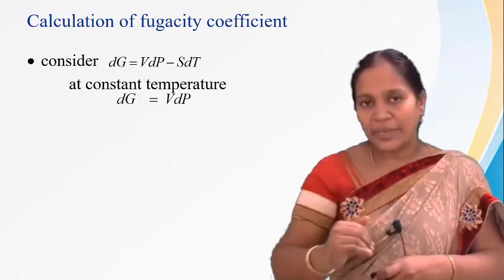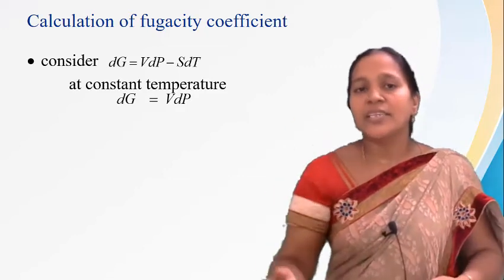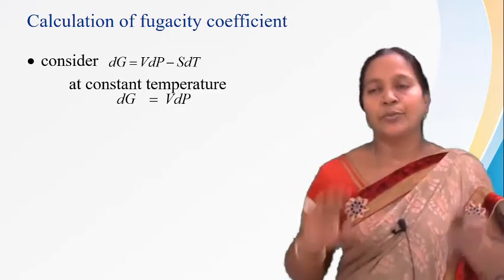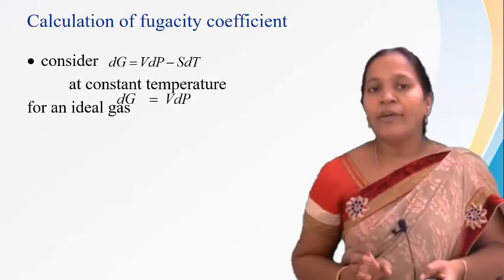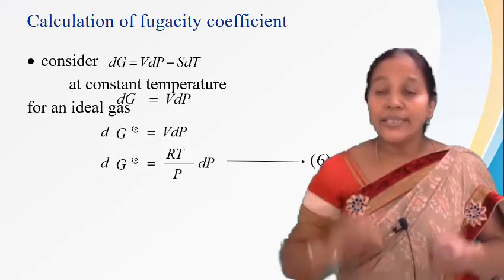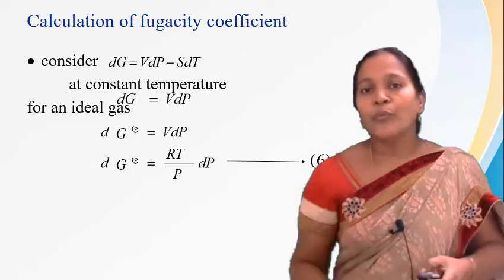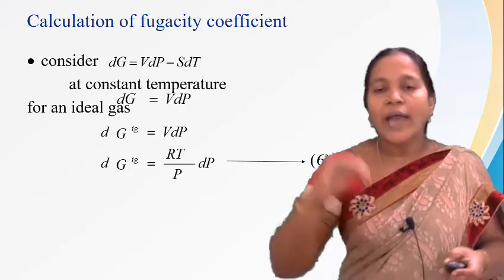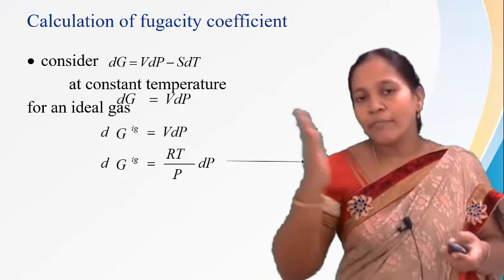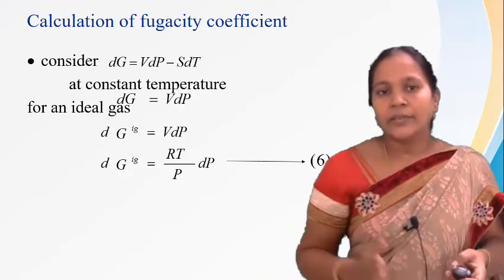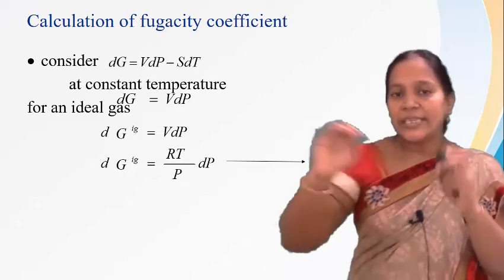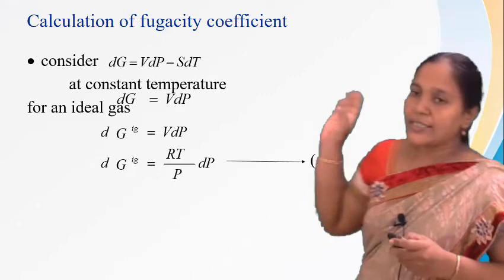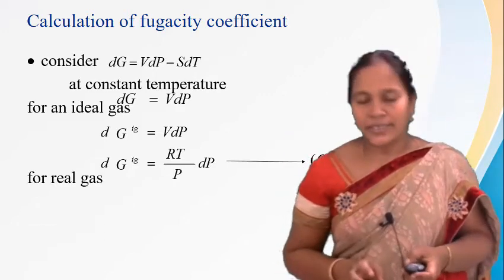At constant temperature, the term S dT goes to 0. Therefore, dG is equal to V dP. For an ideal gas, dG^ig is equal to V dP, where V is equal to RT by P from the ideal gas law. That is, dG^ig is equal to RT by P into dP. This is denoted as equation 6.